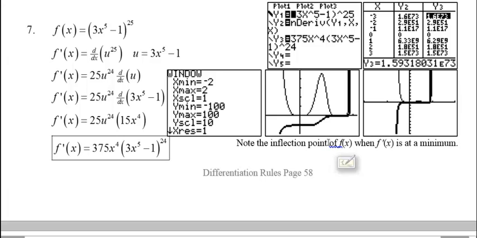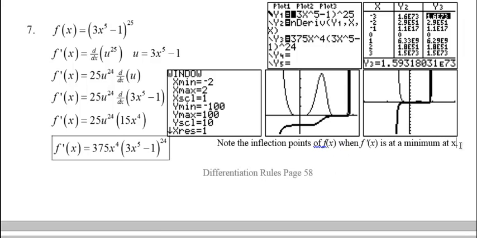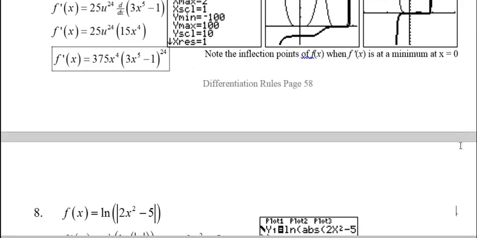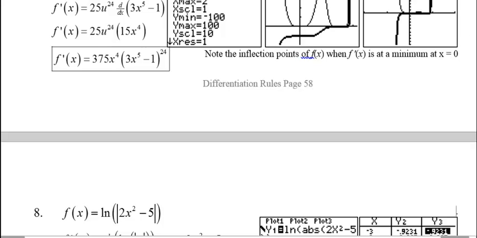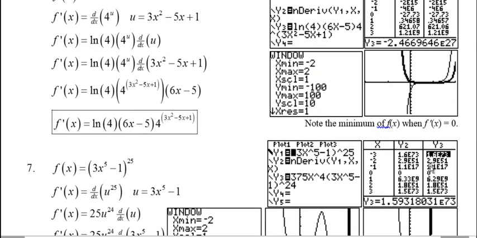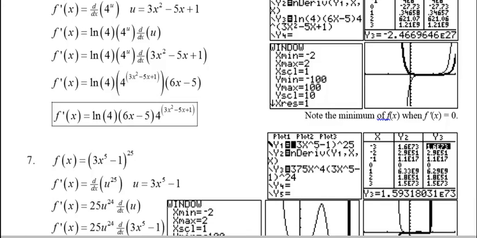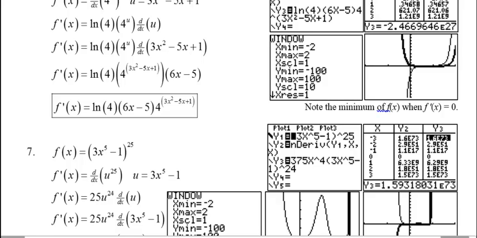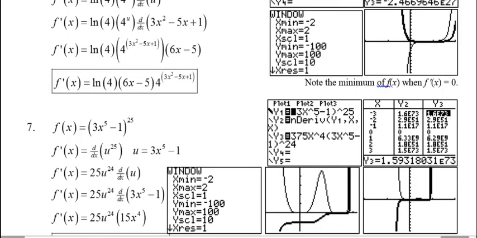So the inflection points of f of x are where f prime of x is at a minimum, at x equals 0 and x is the cube root of 1/5.